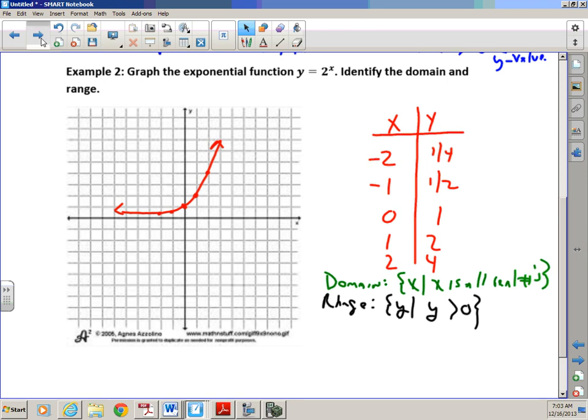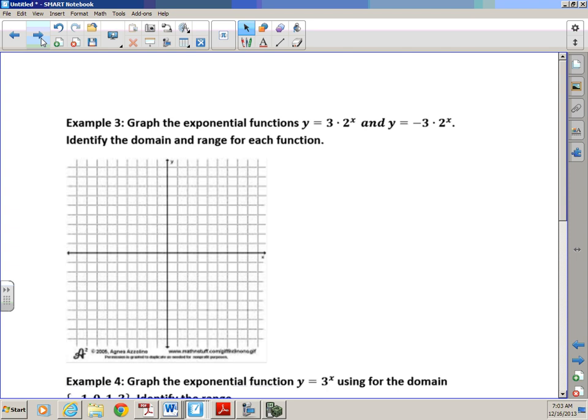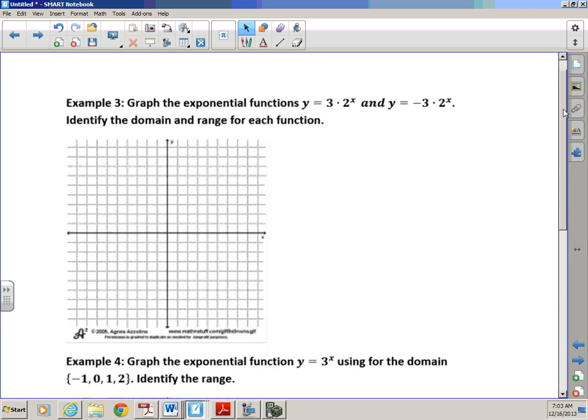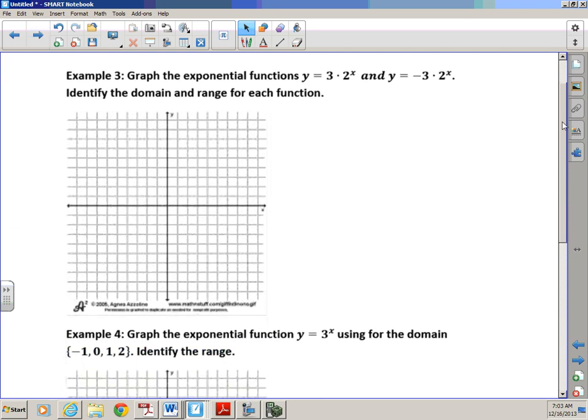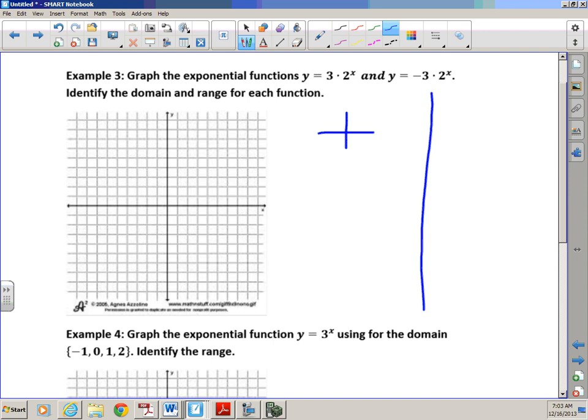Okay? So let's do a couple of other examples. Now, I'm putting two of them on one graph here so we can contrast the two. All right? So let me just divide this up in here. So for the first one, y equals 3 times 2 to the x power.